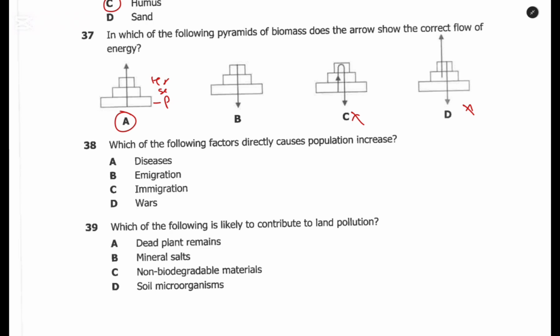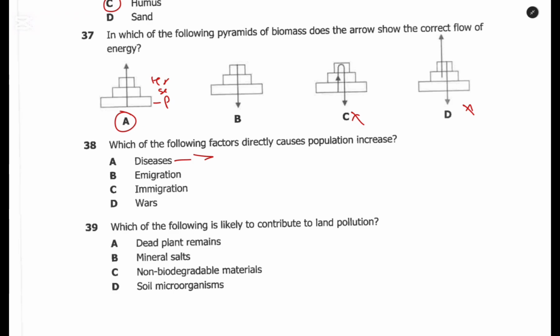Question 38. Which of the following factors directly cause population increase? Diseases. When there are diseases, organisms are likely to die, because when you talk of population in biology, we don't just refer to people but also other organisms. How about emigration? Emigration is people or organisms leaving the habitat.